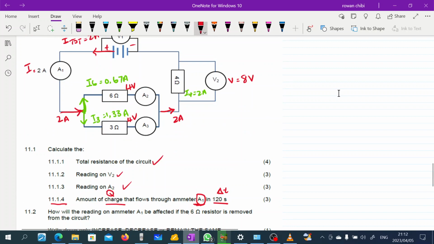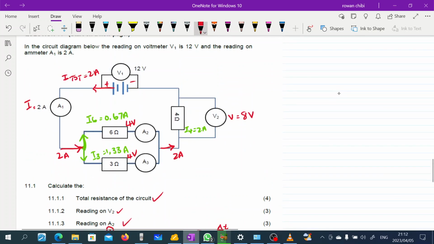Where is A1? This is A1, this is the ammeter A1. What is the current that was read by ammeter A1? The current was 2 amps. So we do have the current, we do have the time is 120 seconds. Now we want Q. So what is the formula that we use?